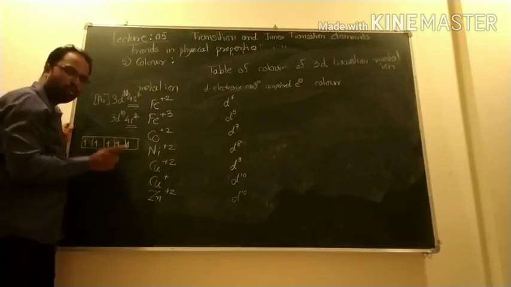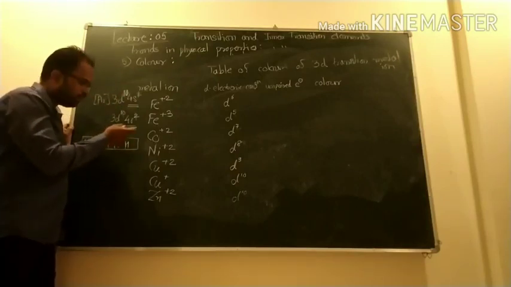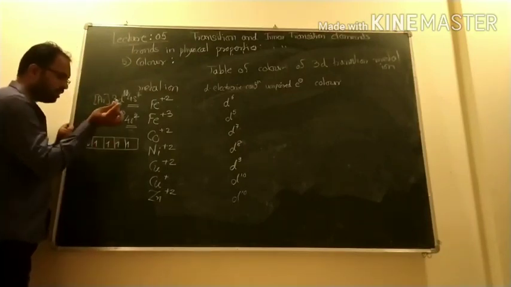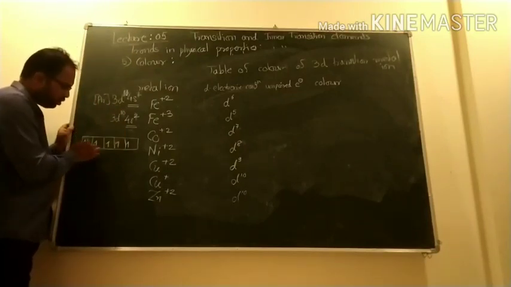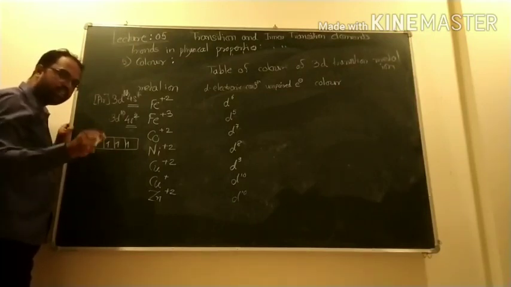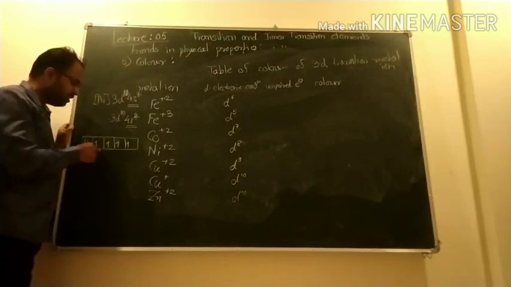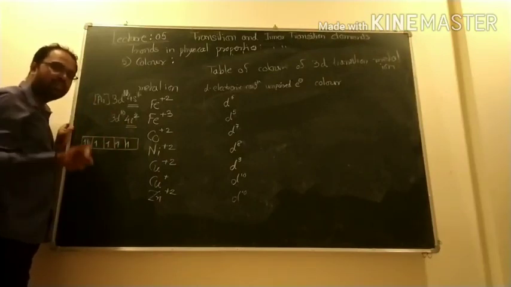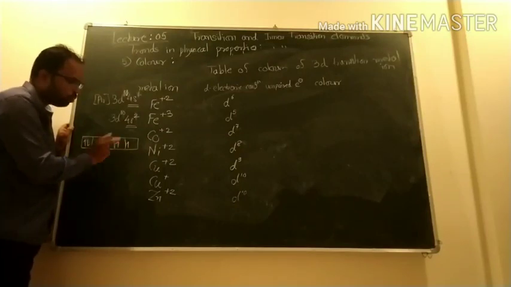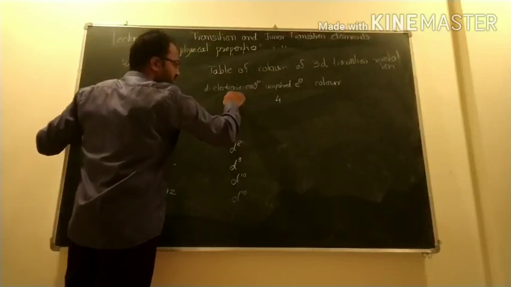Only 1 electron remains, and there is no option for half fill, so it has to pair with another. So one orbital gets completely filled, and we do not study filled or empty orbitals; we only study half-filled, that means incomplete, d orbitals. So there are only 4 unpaired electrons in the d6 case.